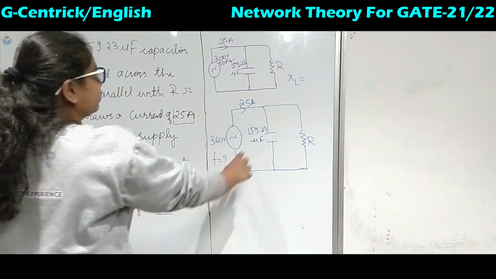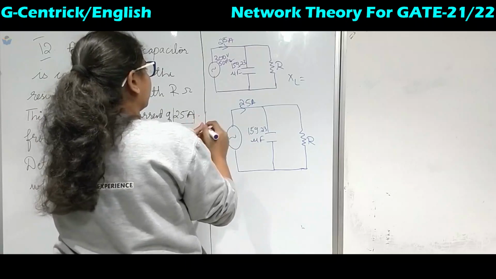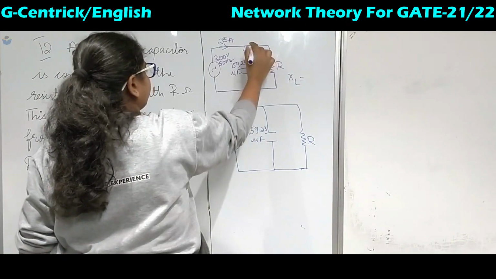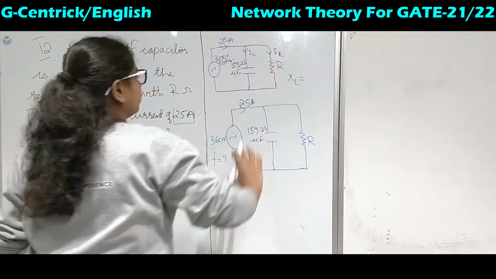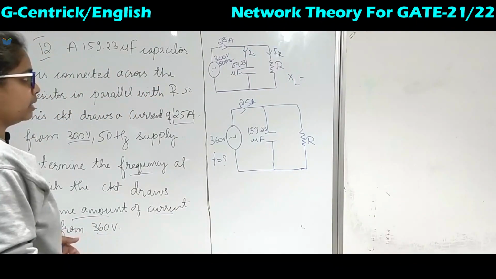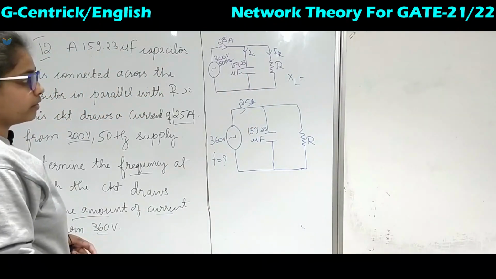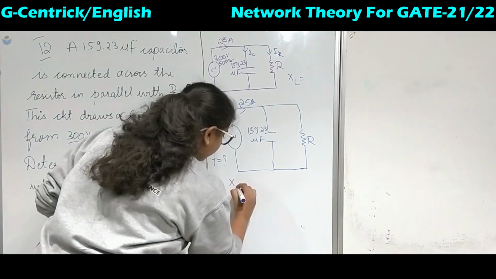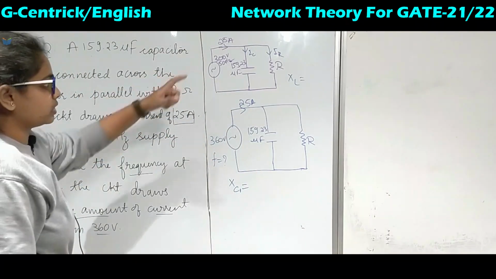Now to find the value of this R, we should know what is the current in IC, okay, in the capacitor as well as R. We know that 300 volt will appear across both of the elements. Okay, so to find that, first we have to convert this into ohmic value. So that is Xc. Okay, so let us take this Xc1 as for the first circuit.